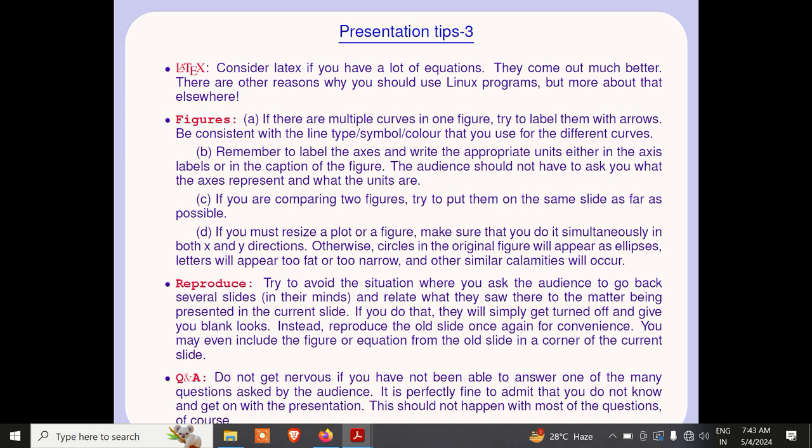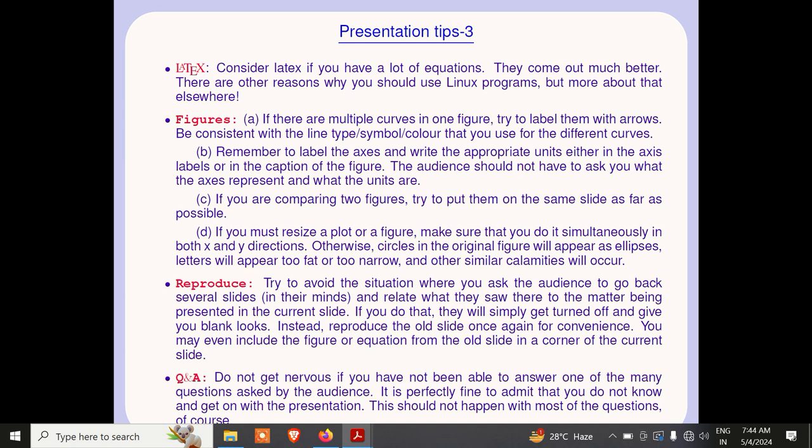Sometimes we compare the curves, compare the figures. In that case, better the curves should be on the same plot, the figures should be on the same slide, so that it is easy for the audience to understand when you're explaining the comparison. No guessing.